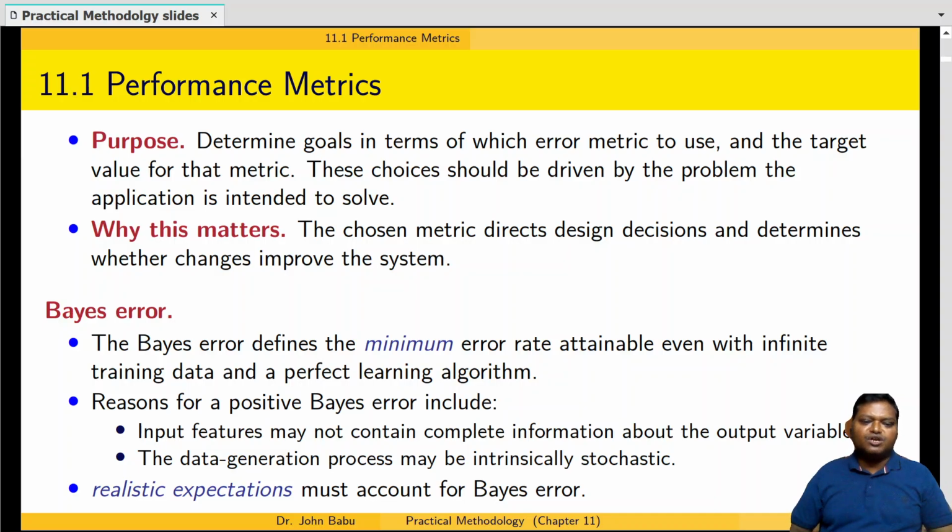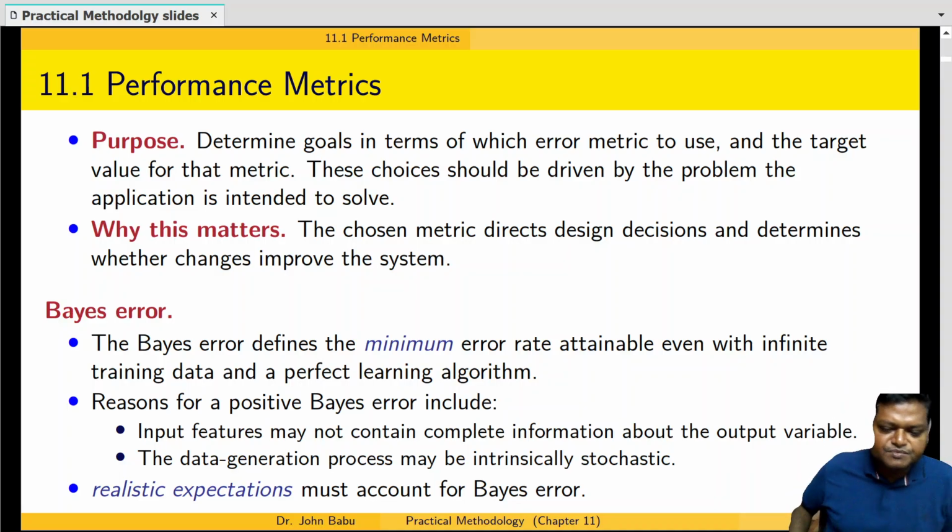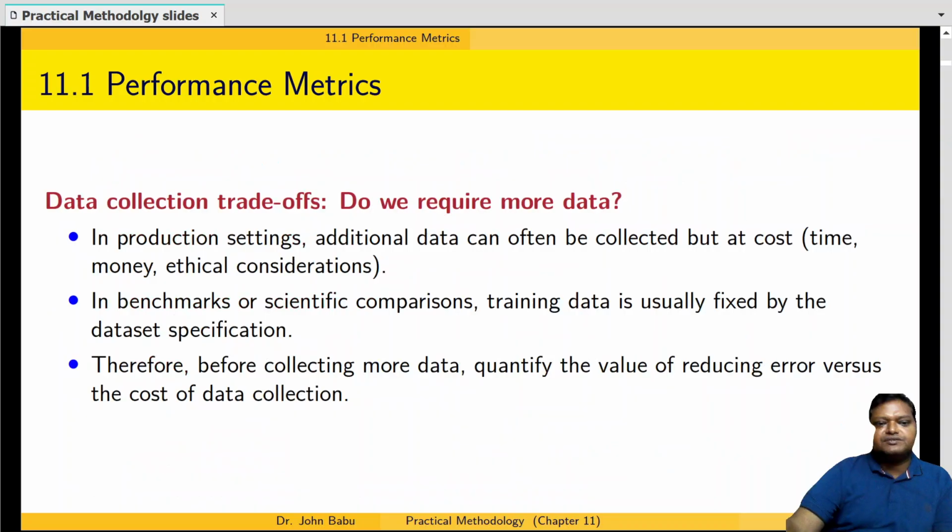Generally, you cannot take all the data in the world. You can take only part of the data. When we studied, we take only sample data, not the whole population data. So, base error is the minimum error that will occur even in the case of a very perfect system.